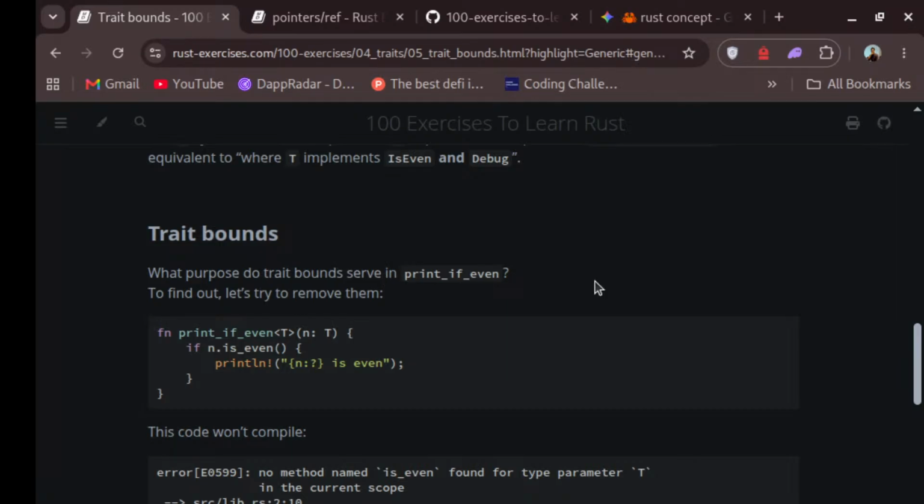What purpose do trait bounds serve in print_if_even? To find out, let's try to remove them.